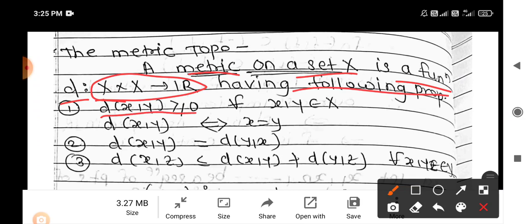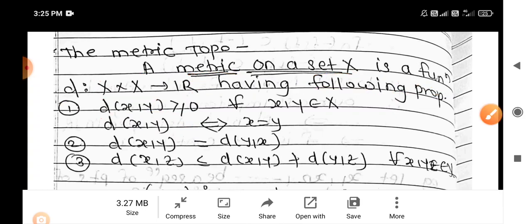First property, d of xy is greater than or equal to 0 for every x, y belongs to X. d of xy is equal to 0 if and only if x equals y. d of xy is d of yx, that is symmetry, and d of xz is less than or equal to d of xy plus d of yz. If the function d satisfies all these properties, then we define a metric on set X, that is d is a metric on set X.